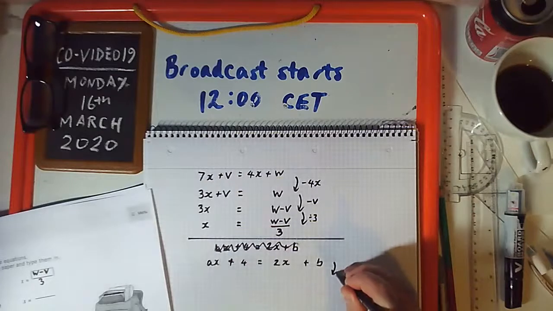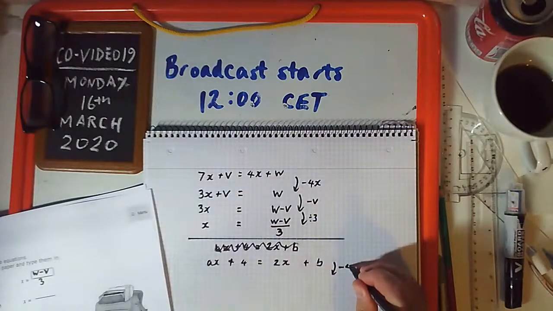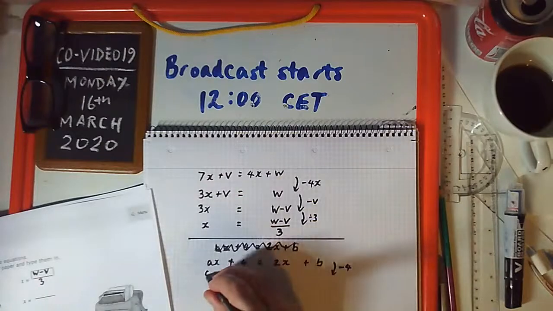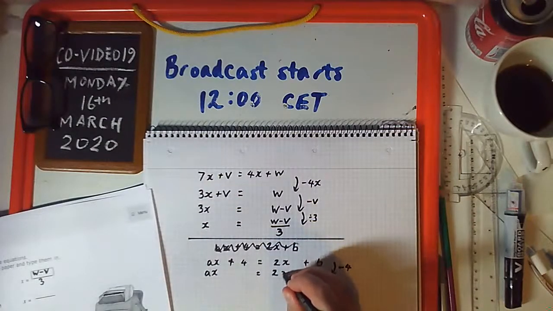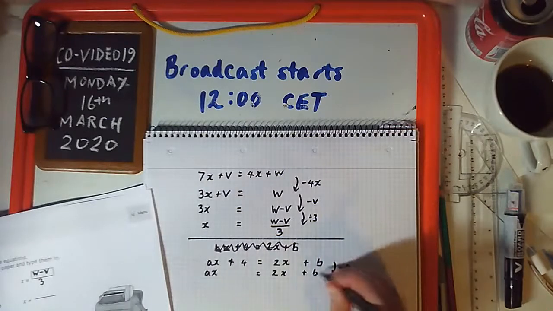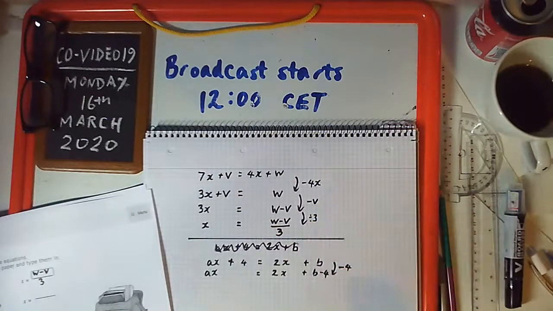So if I take away 4 from both sides, then I get ax equals 2x plus b minus 4. So 4's disappeared from here, and then I've got a minus 4 over here.